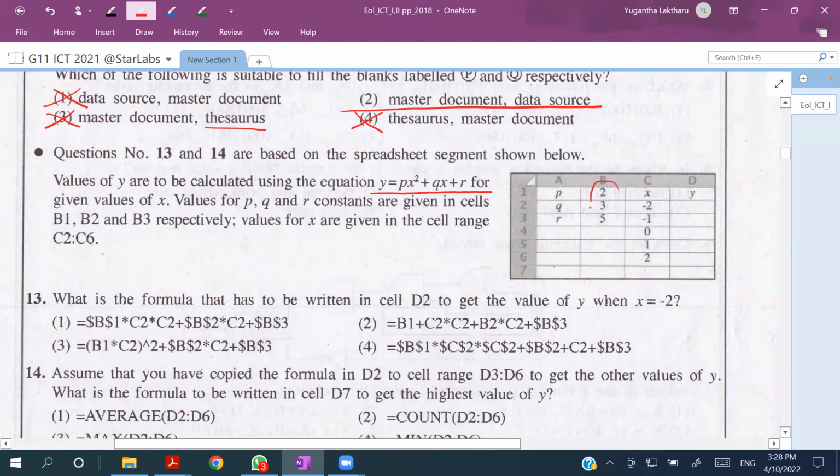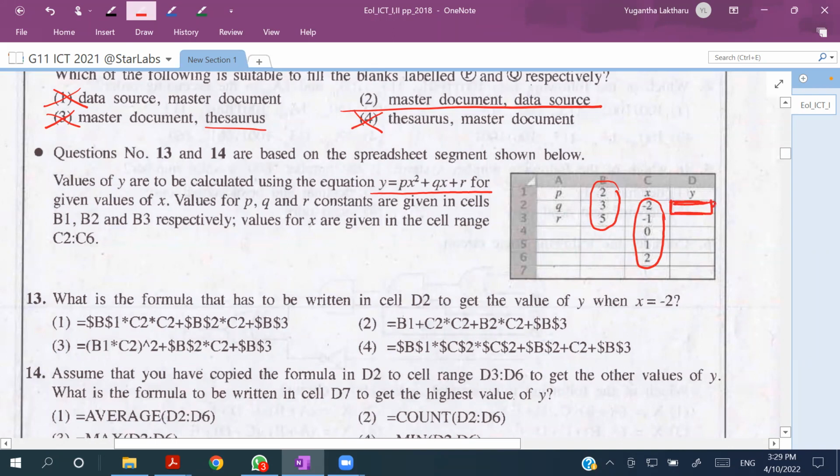The values of p, q, and r will be over here, right? For the range of x, they have mentioned these cells. So let's see what they are asking. What is the formula that has to be written in cell D2 to get the value of y when x is -2? It doesn't matter what the value of x is. What they are asking is what we should write over here.